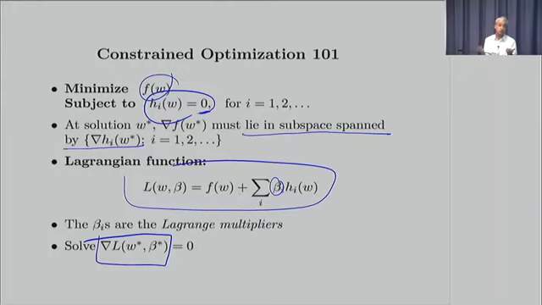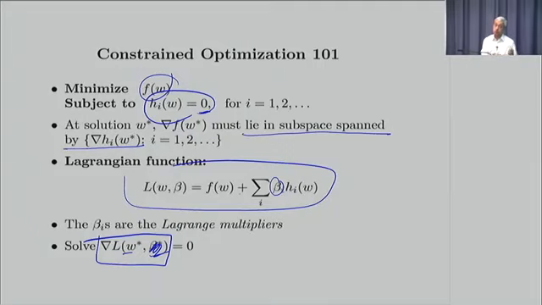Could even be linear equations in a simple case. So you have a set of linear equations in the W and beta variables. One way to solve this equation is to eliminate the betas, which is why they're sometimes called the silent multipliers, because they're just silent variables. And then what you have is a new problem in the original variables W. That's often called the primal problem, because it's the problem that you started with.